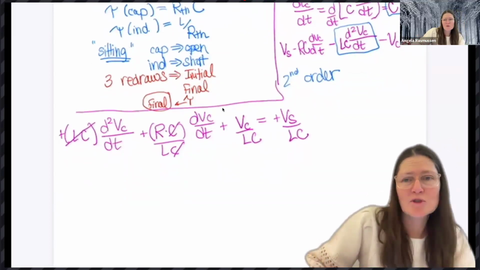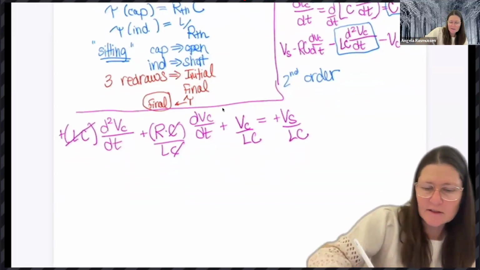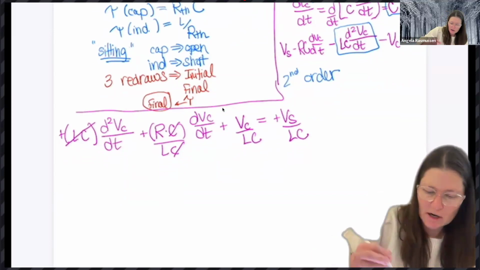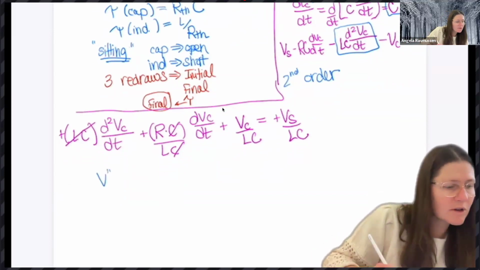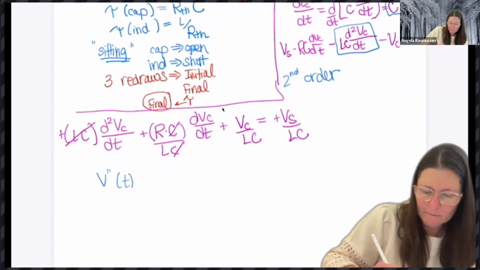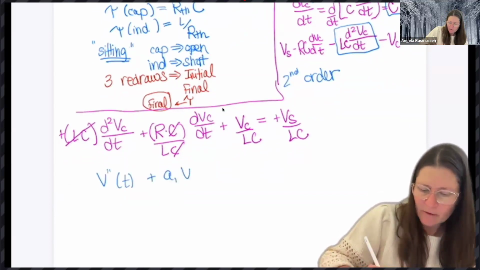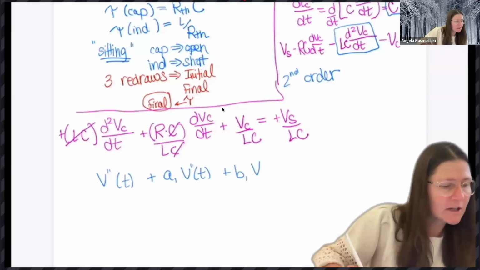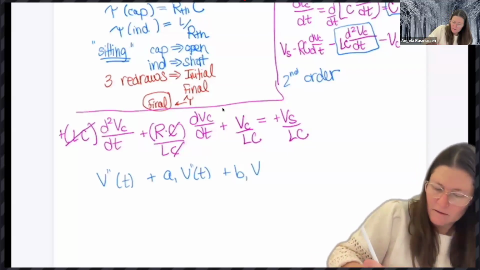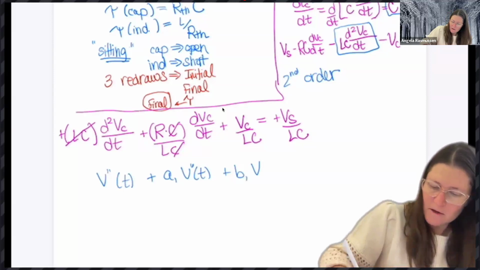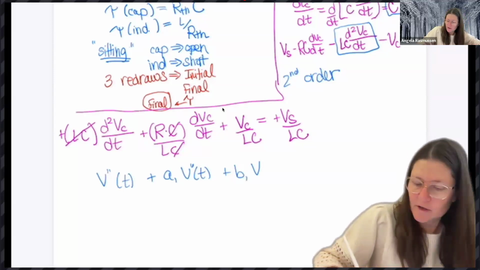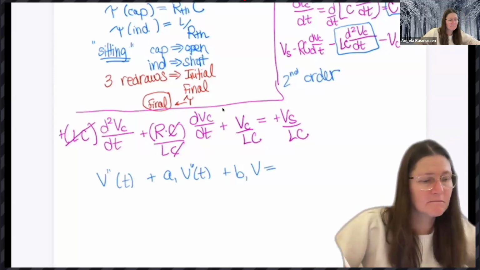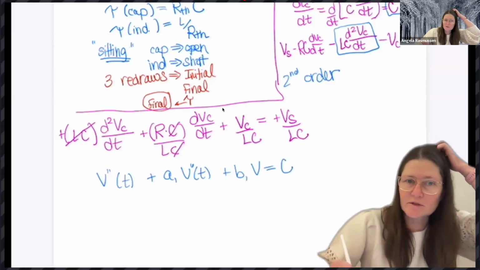The reason I'm doing this is because now this gets to be a generic form of the second derivative of VC of t plus some A1 times the first derivative of VC plus some constant times VC, equal to a forcing function, which we'll just call C1.